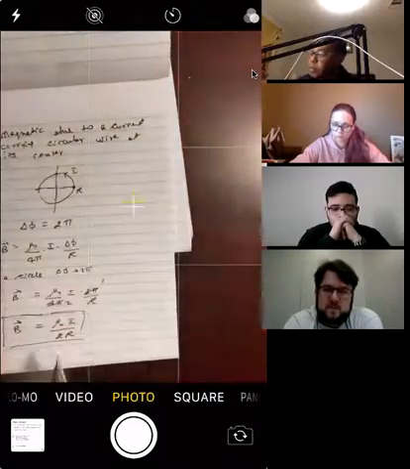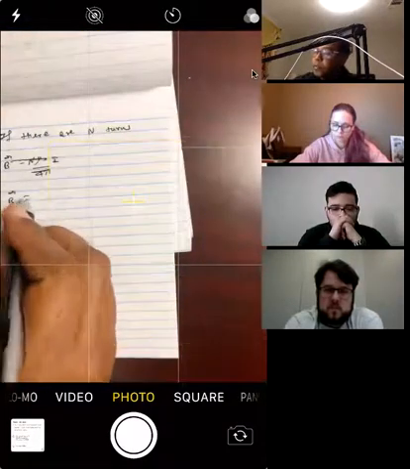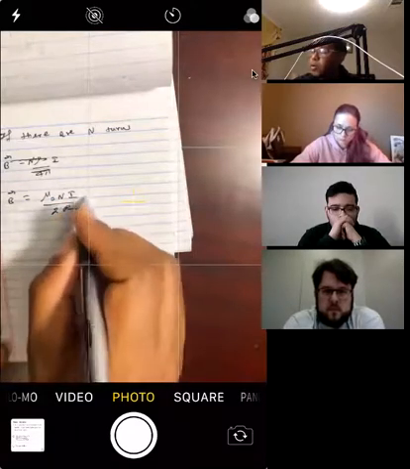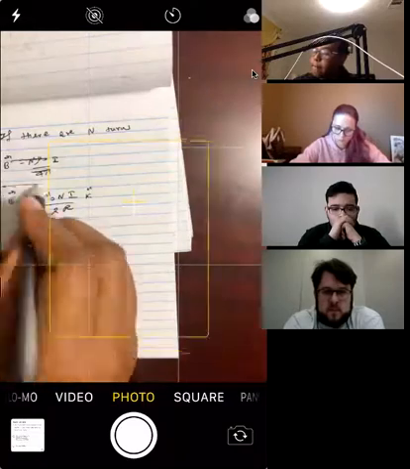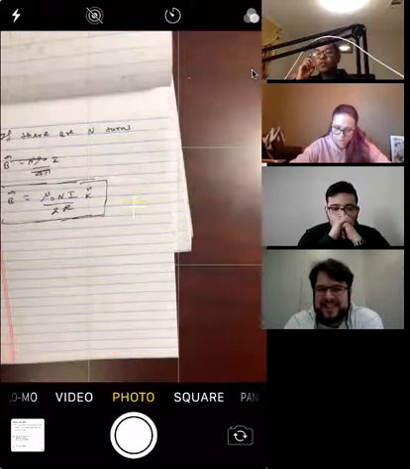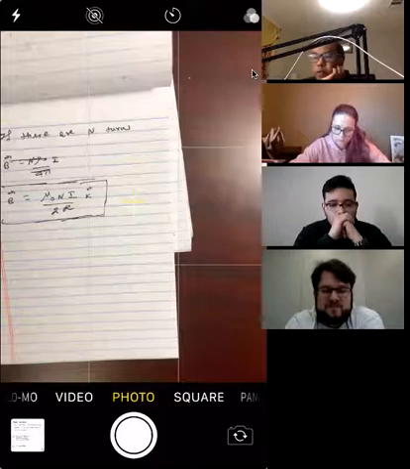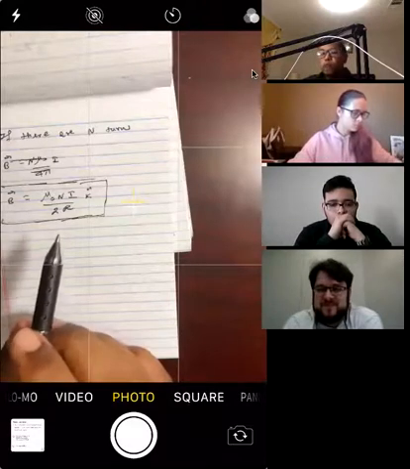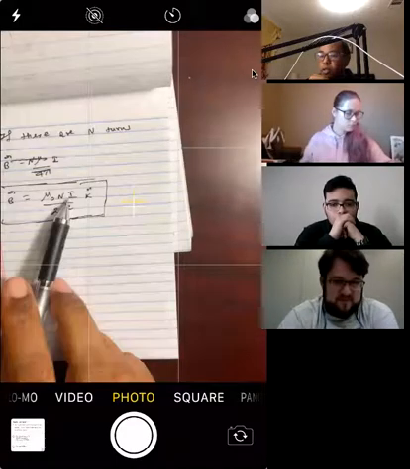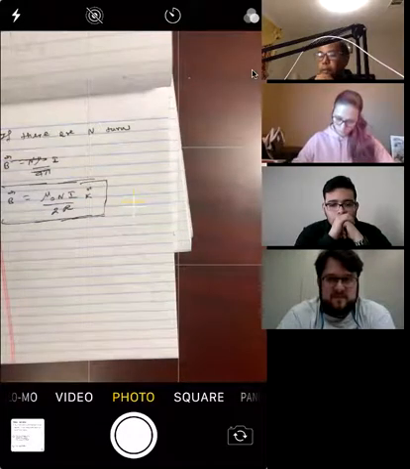We just multiply by n. So it's going to be mu naught n I divided by 2R in the k direction. So this is the magnetic field at the center of a current carrying circular wire. If you remember, when we calculated the magnetic field due to a coil in the lab, we used this formula to calculate at the center of the coil. So that's how we obtained it.